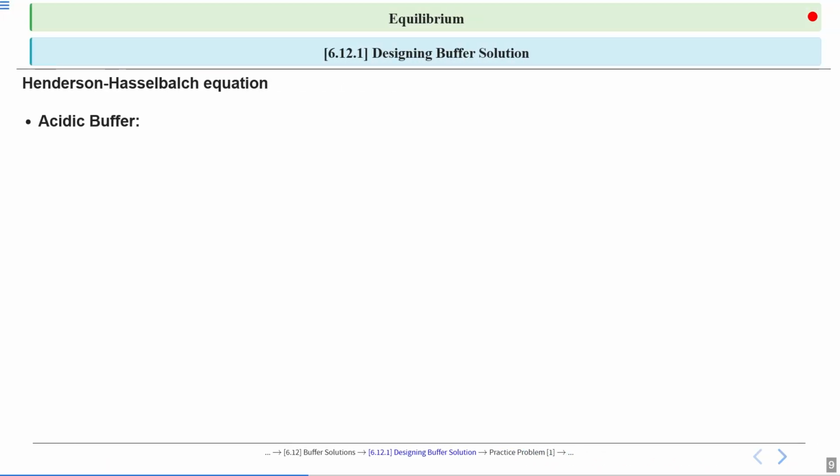Now, this equation that you got is a very famous one. It is called the Henderson-Hasselbalch equation. If you are defining it for an acidic buffer, like the way you have defined it in the previous case, we can just write it in a descriptive manner. How? We know that your weak acid is dissociating in this way.